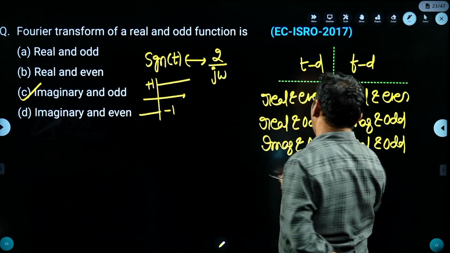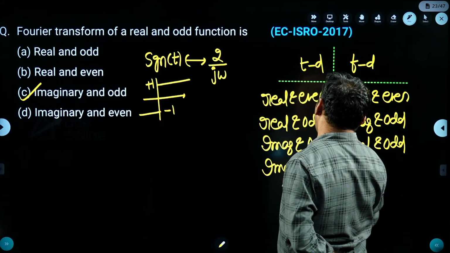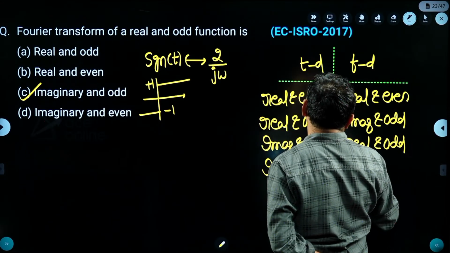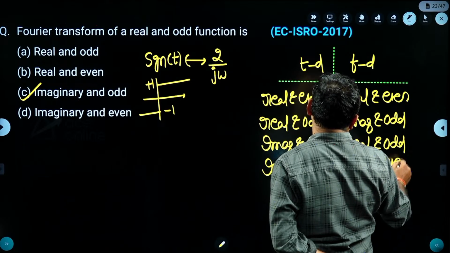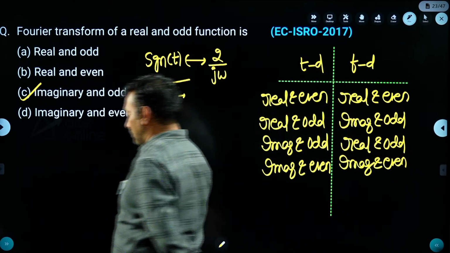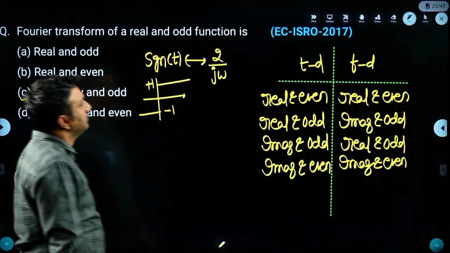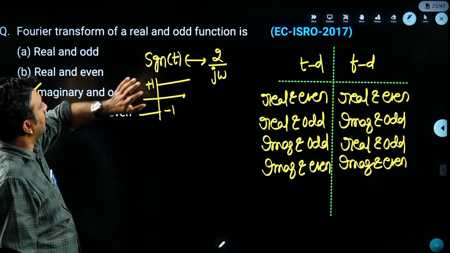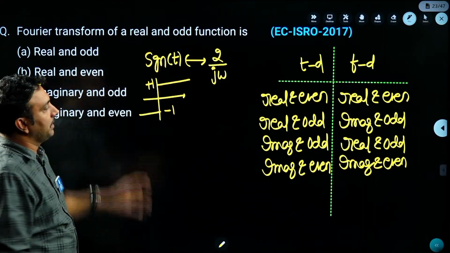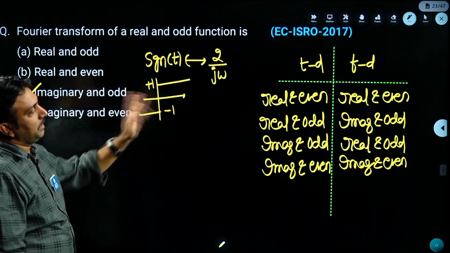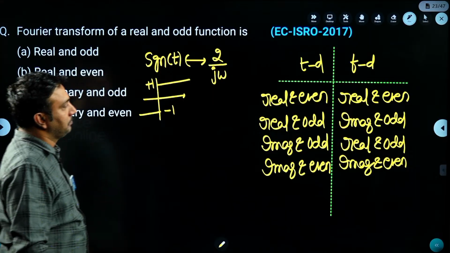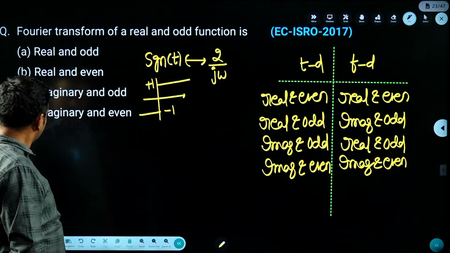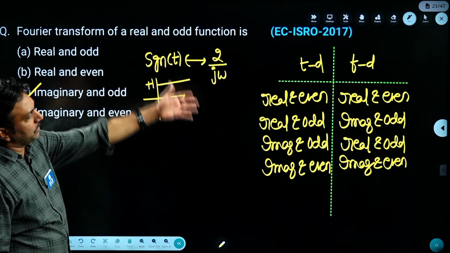In a similar way, when you take imaginary even time domain signal, spectrum is imaginary. So these are the standard conditions. Here the question framed is the Fourier transform of a real and odd function. Real and odd becomes imaginary odd. So those are some of the other possible chances for us.